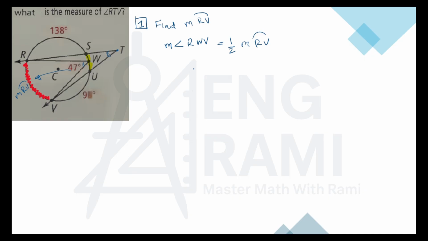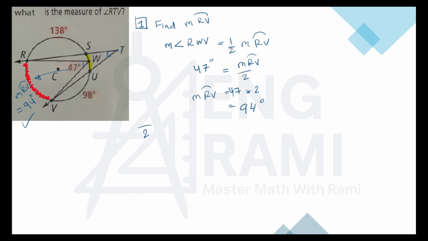This is 47 degrees, equal to the measure of RV over 2, then the measure of RV equals 47 times 2, then this measure equals 94 degrees. This is 94 degrees. We found the first thing.